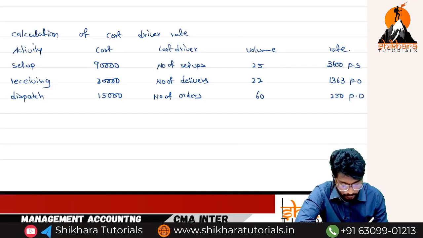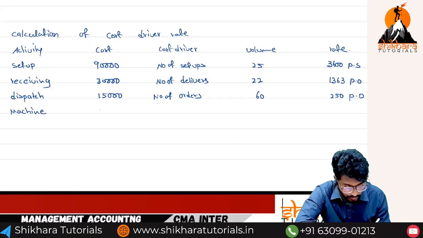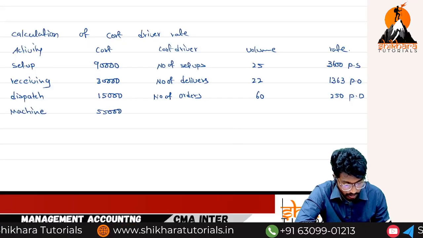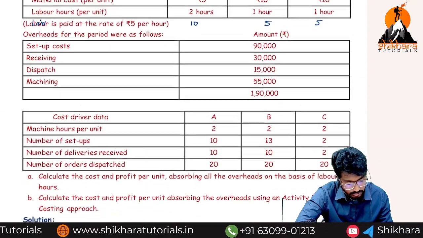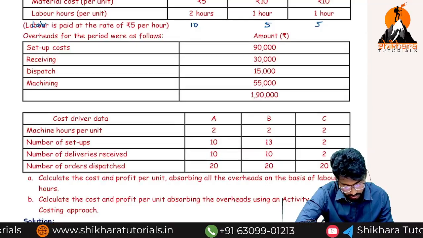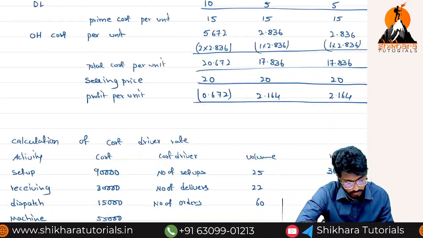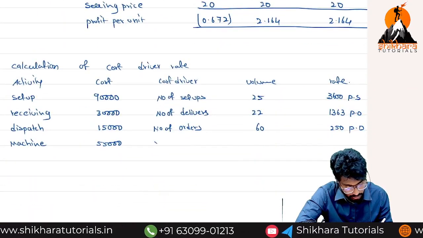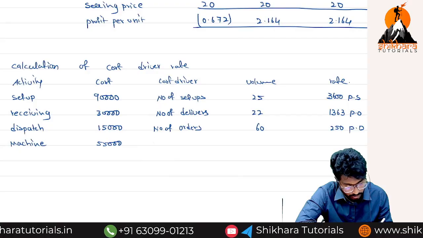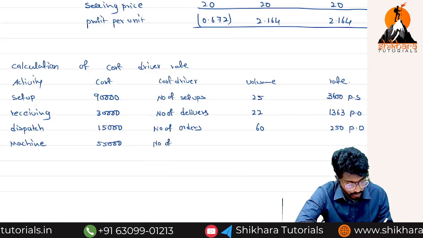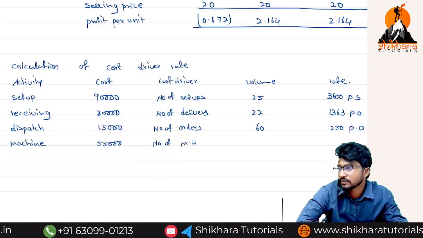Next one is machine. Machine 55,000. What is the cost driver? Machine hours. It is equal for all. You have to calculate the total number of machine hours.